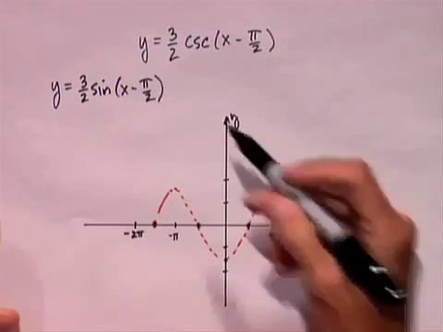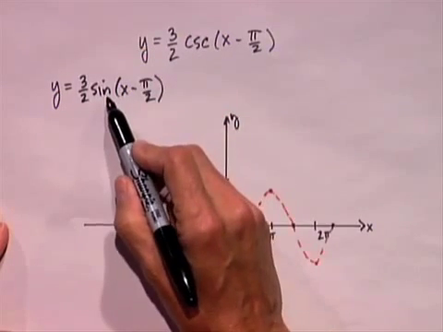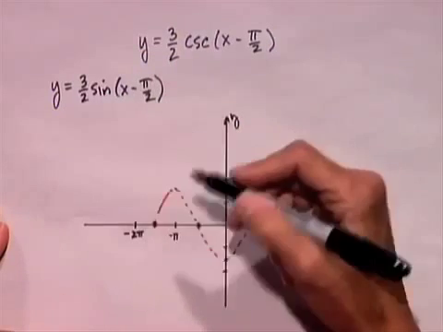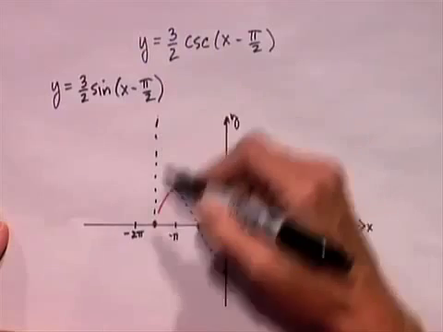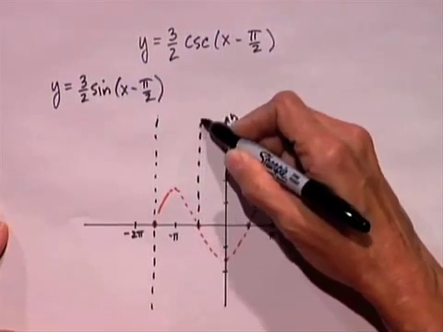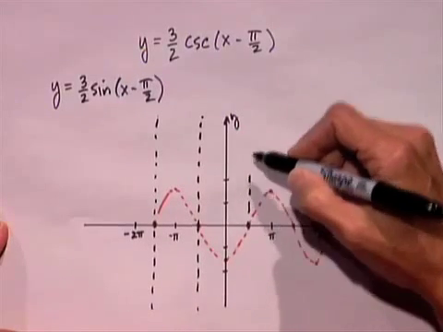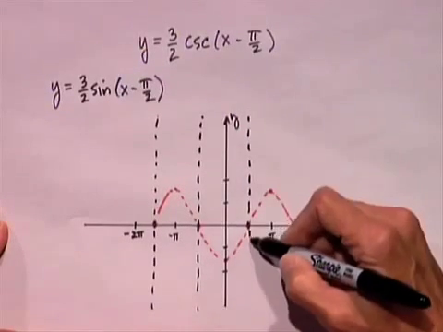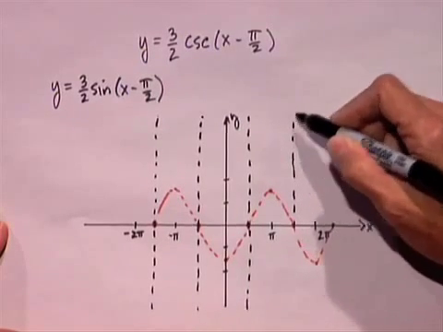Remember, the cosecant and sine are reciprocals, and the cosecant is 1 over the sine. So where the sine is 0, which is clearly indicated by drawing the sine, are vertical asymptotes for the cosecant. So I'm drawing the vertical asymptotes for the cosecant at values where the sine is 0.